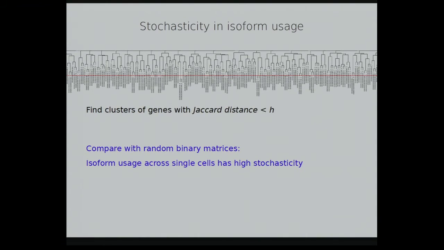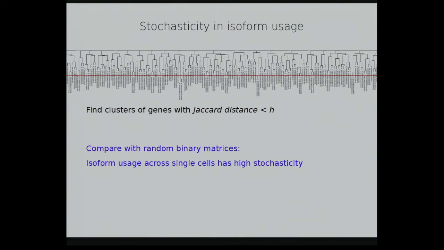So now I basically say that maybe I'm asking for too much if I ask for genes which change their isoforms in a correlated manner. Now I'm going to change my problem a bit. I don't ask you to find the cell groups. Now I'm telling you, these are two groups of cells.